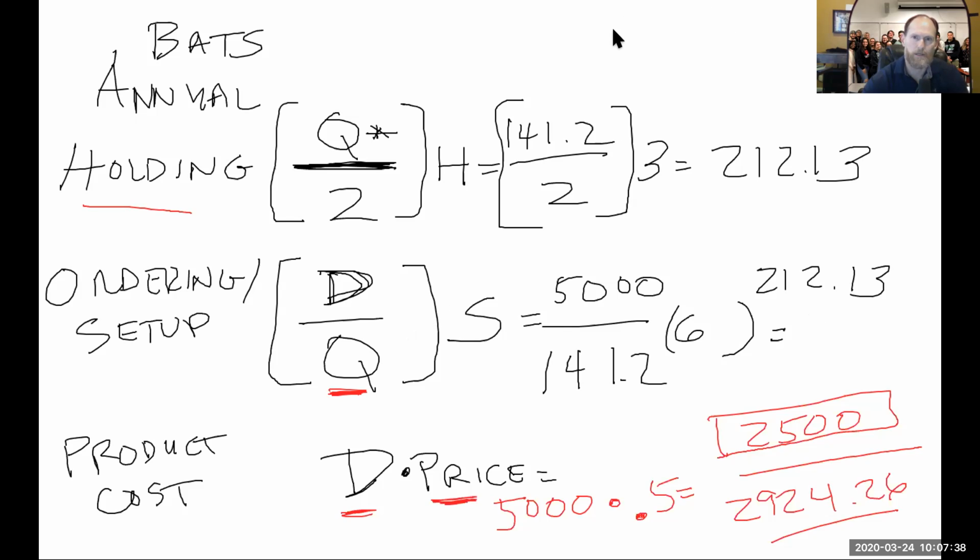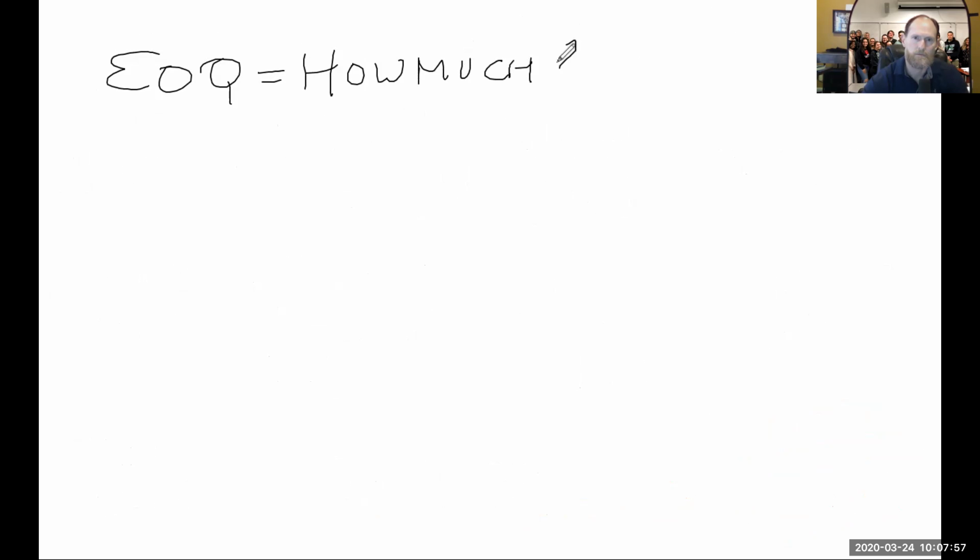The second bucket is some other questions. So EOQ helps us answer how much? But we might also want to know how many times.